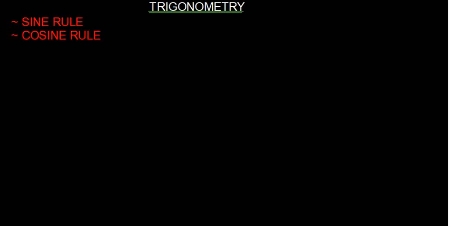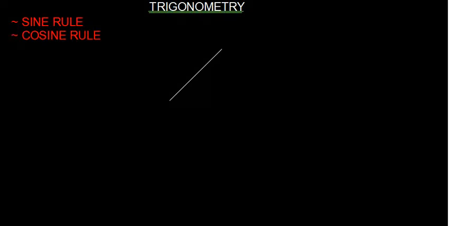Okay, if we start with the sine rule, let's say you're given this triangle, not necessarily a right angle triangle. I'll try to use letters that are very close to us.